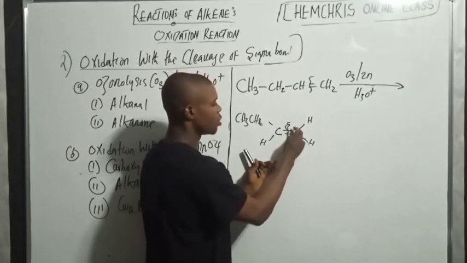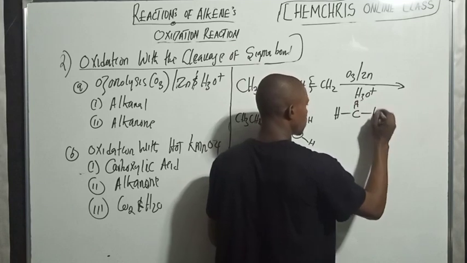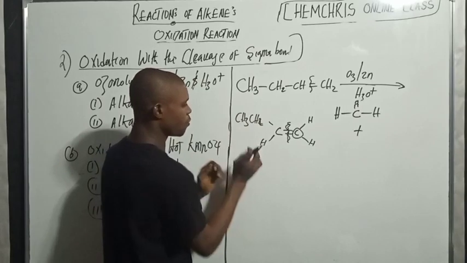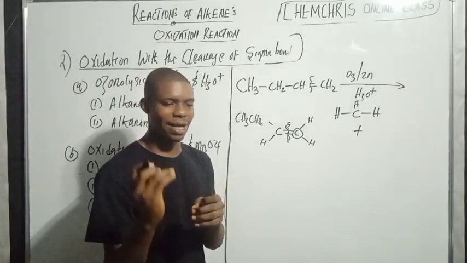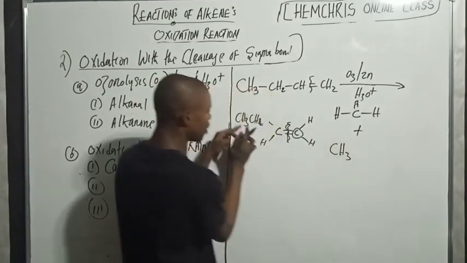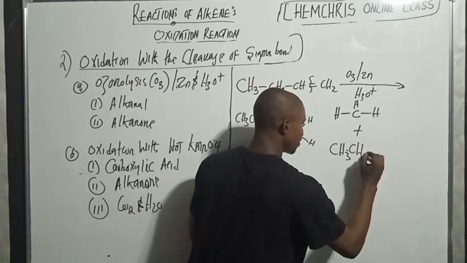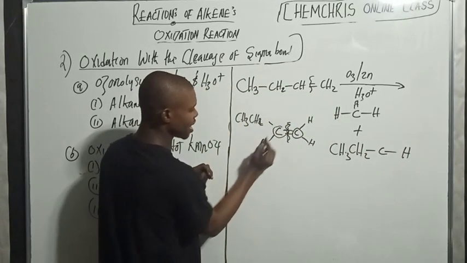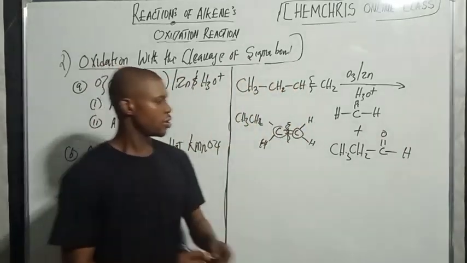Because it is unsubstituted. So it's going to be hydrogen. Plus, now this guy here is going to form another aldehyde. But here I want to have CH3 because you are going to start from here: 1, 2, 3, 4. CH3, CH2, hydrogen. Can you see that? So this carbon here still has hydrogen there. You don't want oxygen. Do you understand?